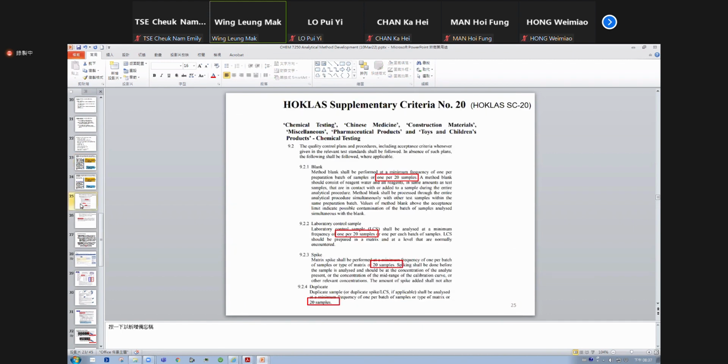Okay, 20 samples for a batch. Less than 20 still need to do the QC. More than 20, that means at least 2 sets of the QC samples should be conducted. That's the meaning.